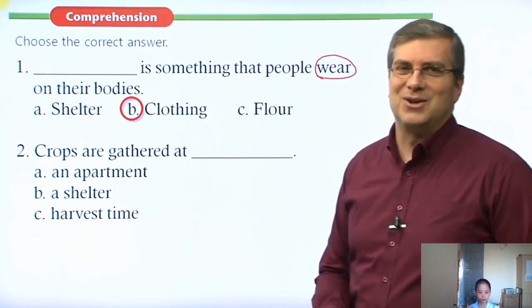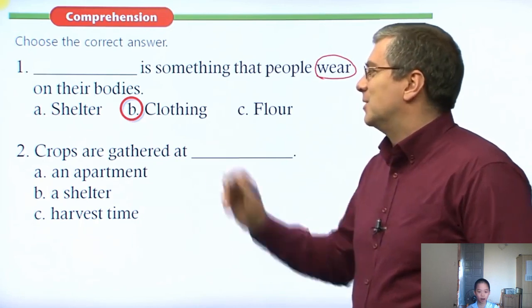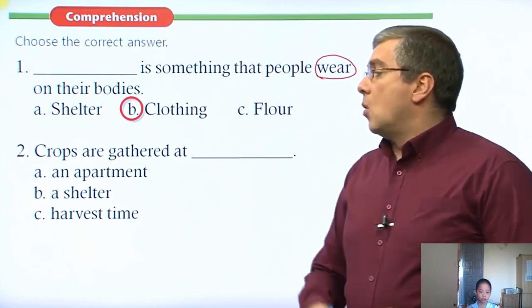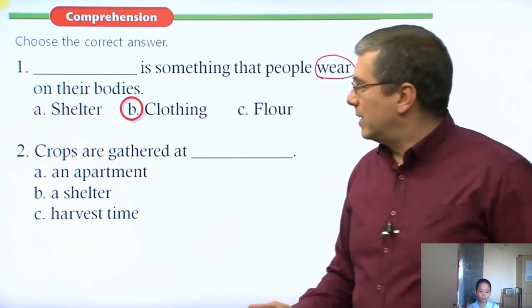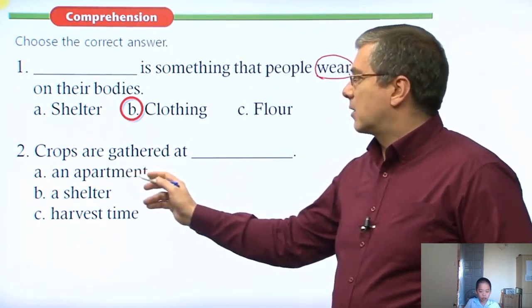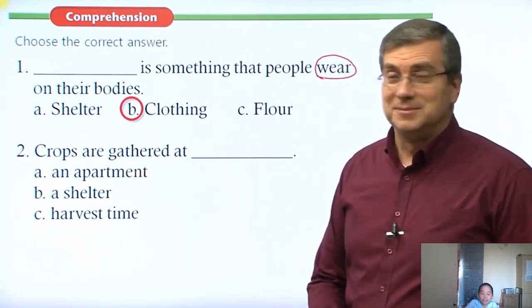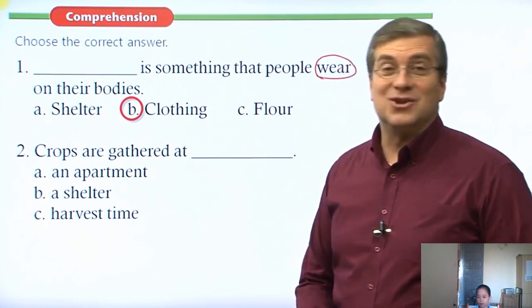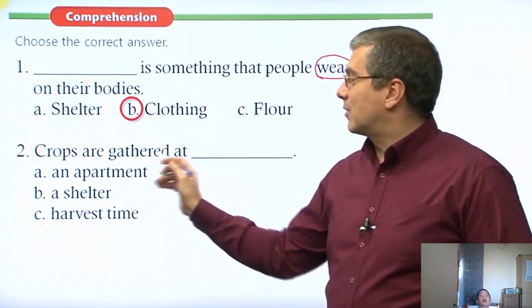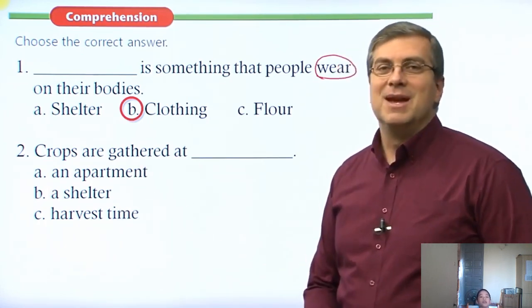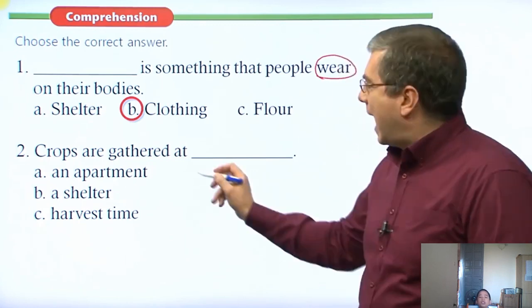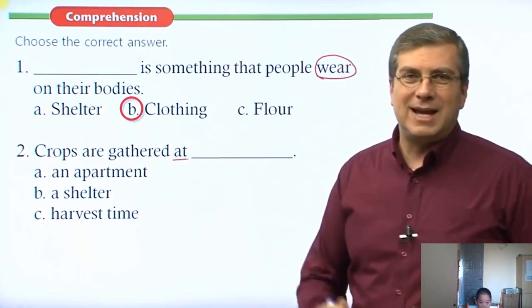Let's go to 2. Crops are gathered at what? Crops are gathered at an apartment? No, it doesn't make sense. A shelter? No. The word "at" goes with a time, not a place.